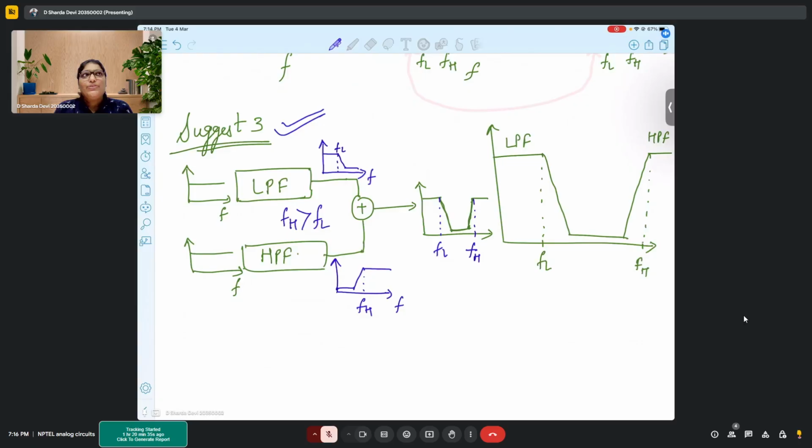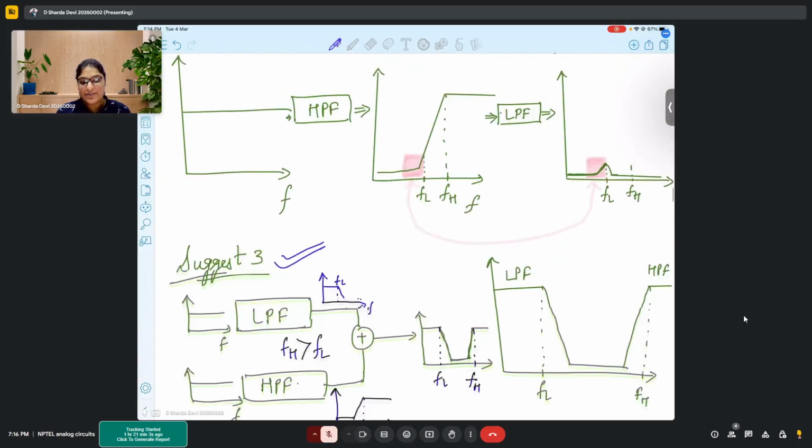I mean, you can do, but the thing is you would need a summer. Okay. Summer is required, right? So somehow, if you have a summer, you can use passive low pass filter. We discussed passive low pass filter earlier, right? Passive low pass filter and passive high pass filter. We can use that, and if we have a summer, we can pass through the outputs and we'll get the band stop or band reject behaviors.